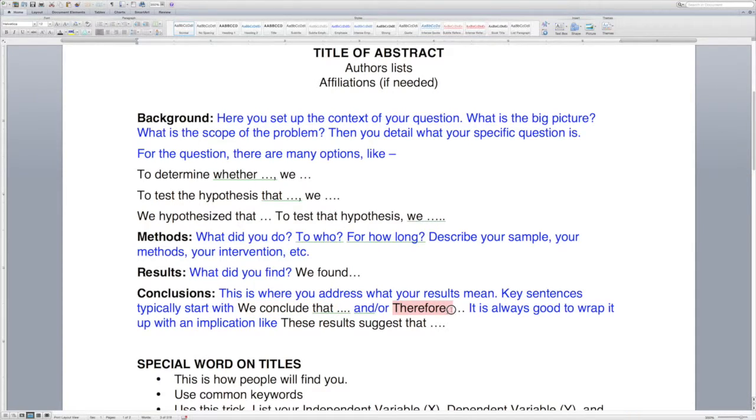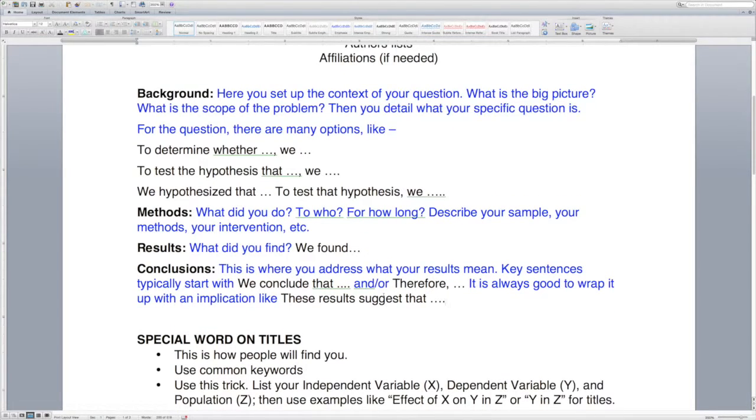And therefore, you can always say, well, what does that mean? And you always want to wrap things up with an implication, like these results suggest that. And that leads you to what's the next exciting step of your research. And you want to make people excited about what it is that you do. Remember, you're selling your line of research in these sorts of things. So you want to keep things nice and clear.